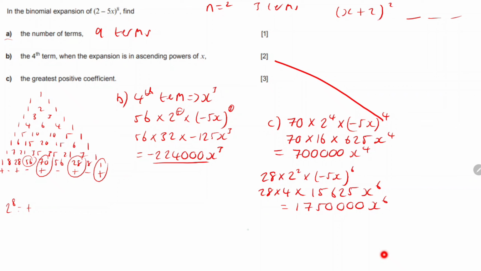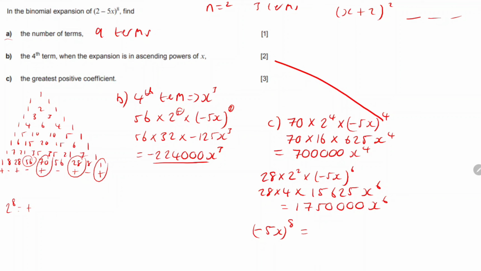And then finally, our last term, there's going to be no element of 2 in this one, because we're going to 2 to the power of 0, so it's just going to be minus 5x to the power of 8.